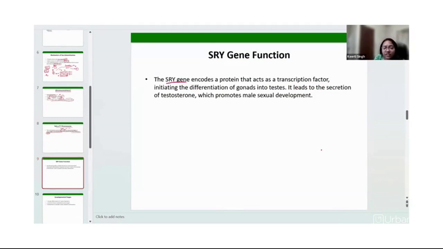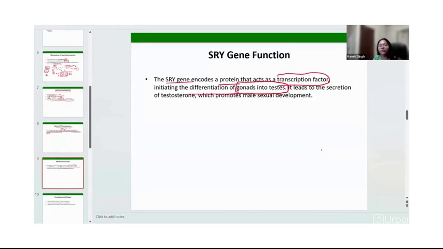This SRY gene encodes a protein. That protein will act as a transcription factor, initiating the differentiation of gonads into testes.